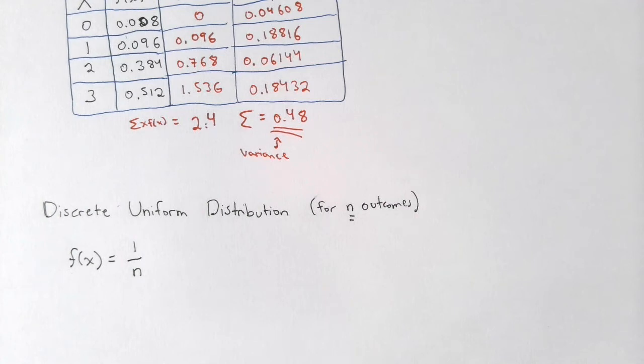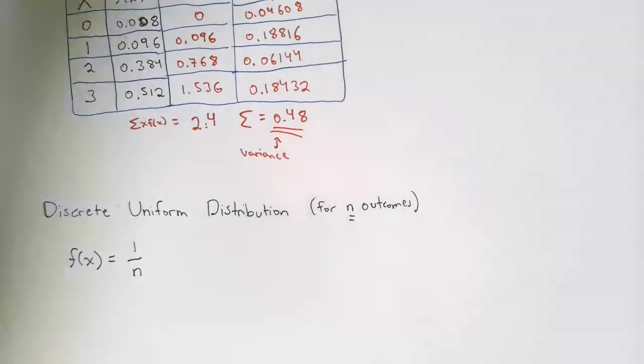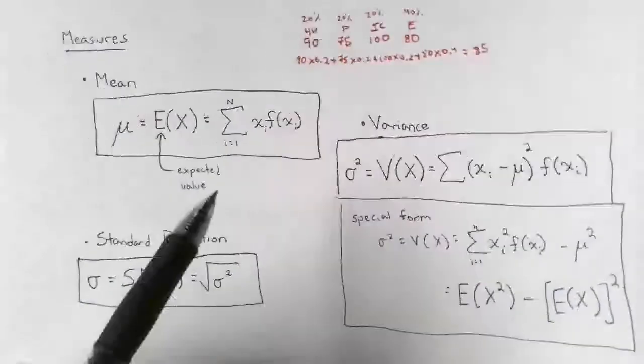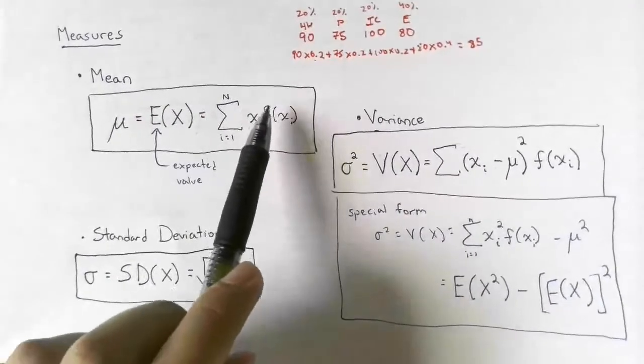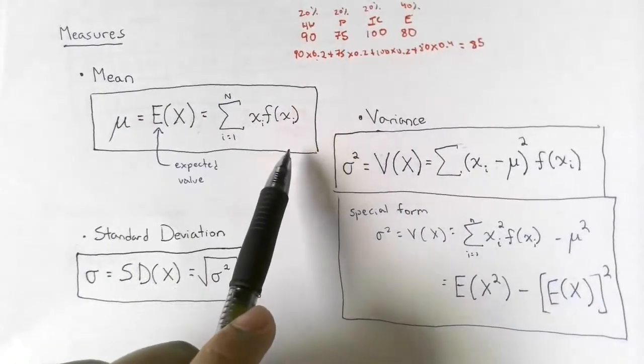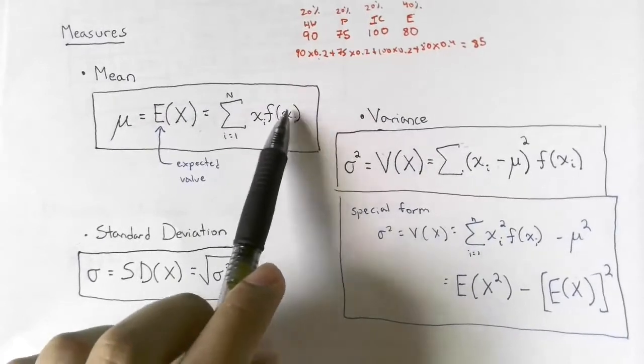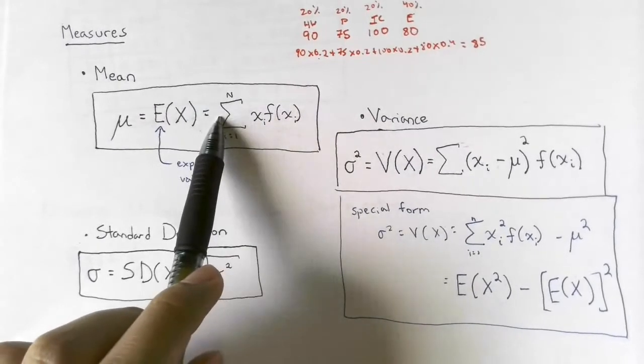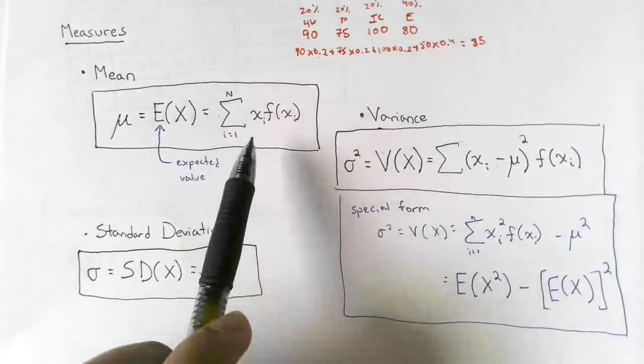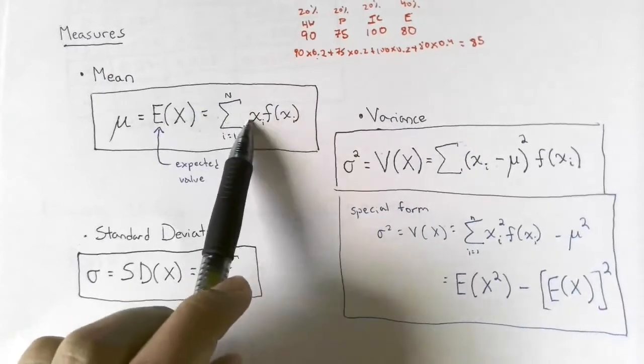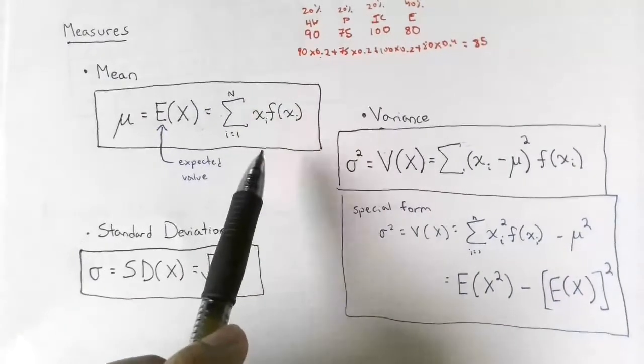Now, this is special. And the reason this is special is because if I were to calculate the mean, for example, the mean is x times f of x. But f of x is a constant. It's just 1 over n. Because it's a constant, it's almost like we can take it out of the sum, right? So my mean ends up becoming just the sum of x divided by n.